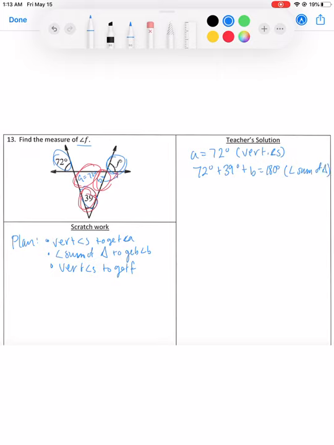Okay. And when we add 72 and 39, we get 111. And then I'm going to subtract 111 from both sides.